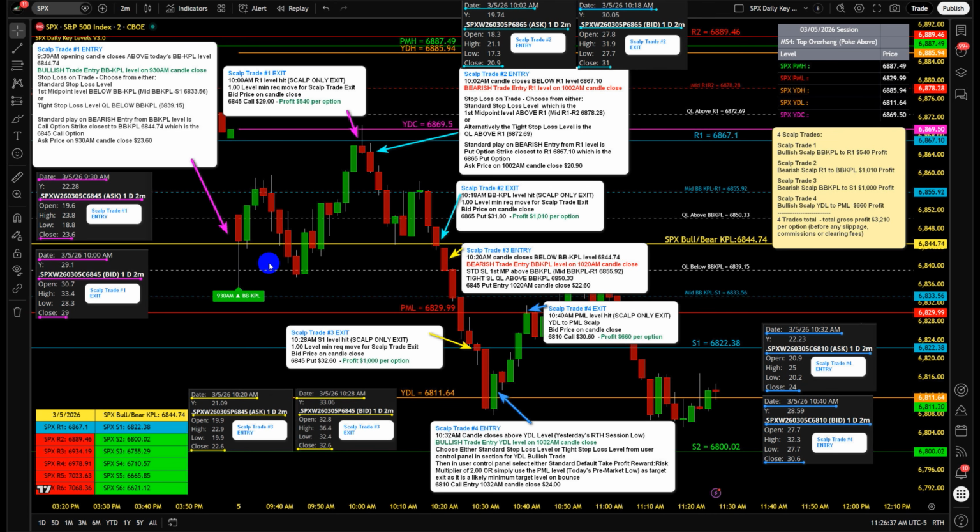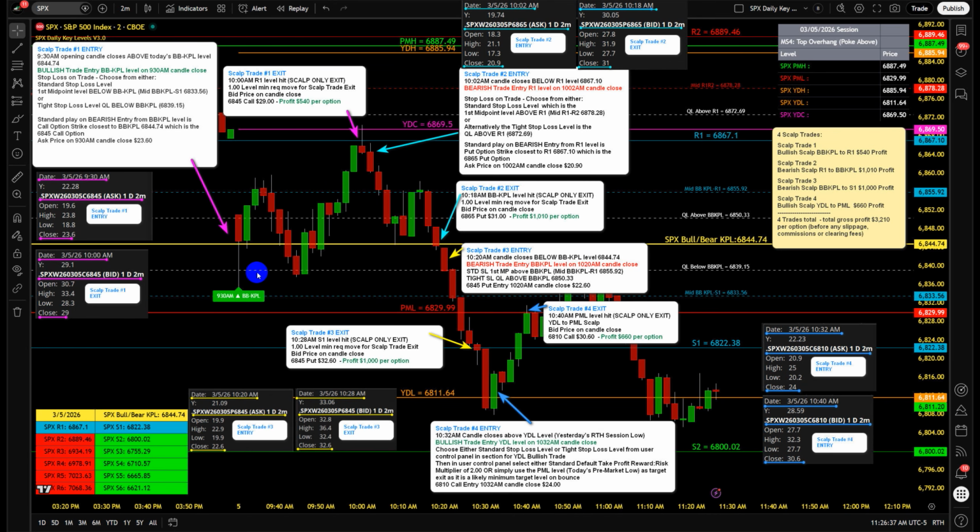If it does not fall within the acceptable range, so if this was a much larger candle which ended up closing outside of the acceptable range for a bullish or bearish trade off of the BBKPL level on the 9:30 opening candle, then this alert does not show.